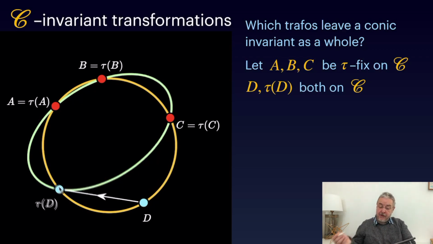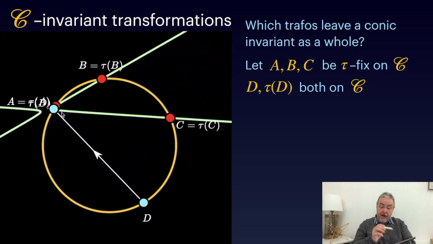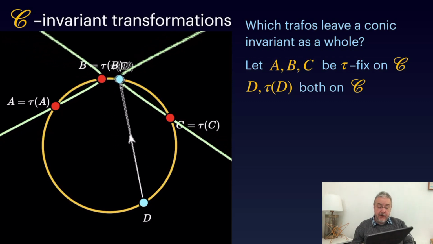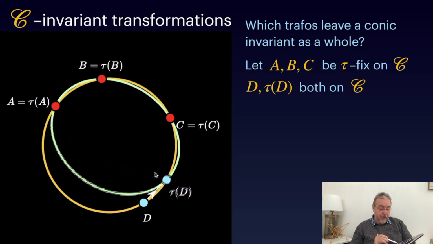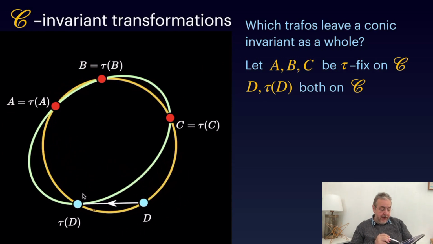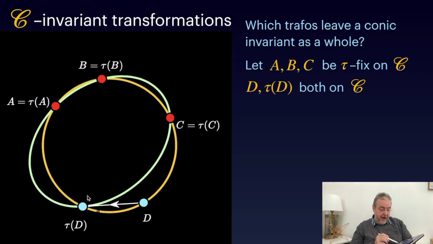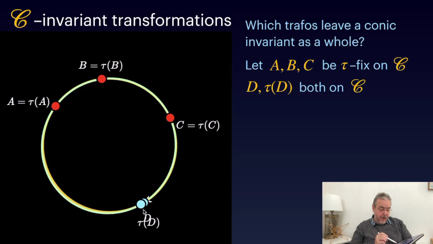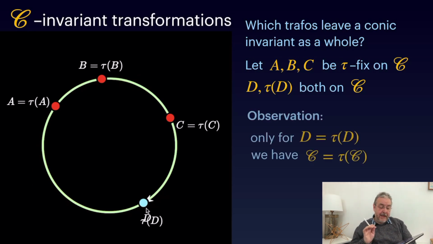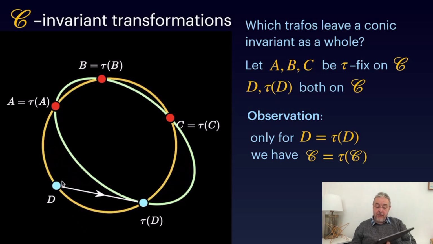So most of those transformations will not be tau invariant, and the only situation in which you get such a tau invariant is if you move your point tau D to the point D. We just saw it very briefly here. So let's come really to that point. If I move it to D, then you see the two conics coincide. And this is what we essentially observe from this situation.